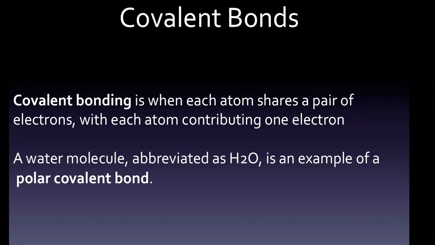A water molecule, abbreviated as H2O, is an example of a polar covalent bond. The electrons are unequally shared, with the oxygen atom spending more time with the electrons than the hydrogen atoms. Since electrons spend more time with the oxygen atom, it carries a partial negative charge. A nonpolar bond, on the other hand, involves electrons being equally shared within a molecule.